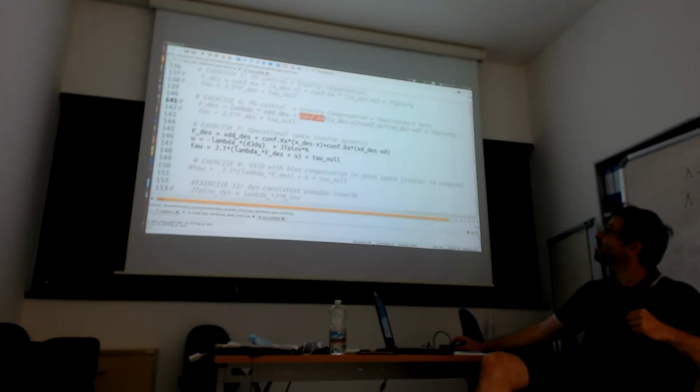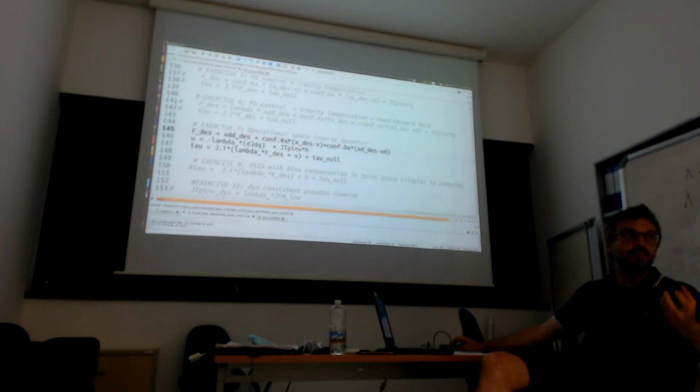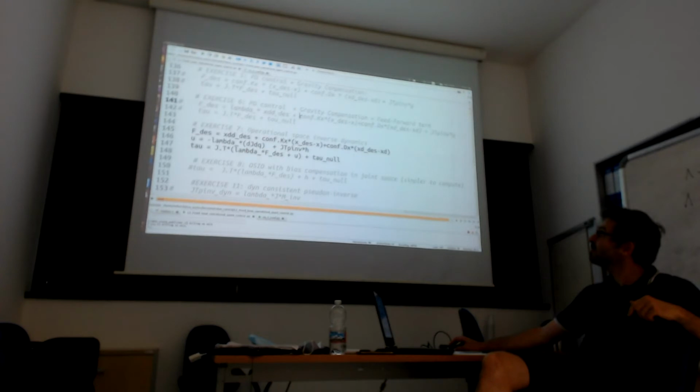So whenever you implement inverse dynamics, you need to remember that you need to retune. To have the same compliance, you cannot use the same gains that you were using before in just an impedance control way, but you need to tune them differently. Because now you are kind of treating the system as a point mass.